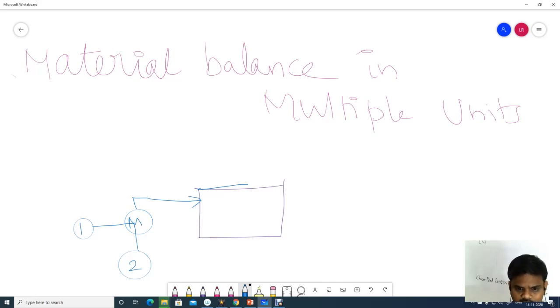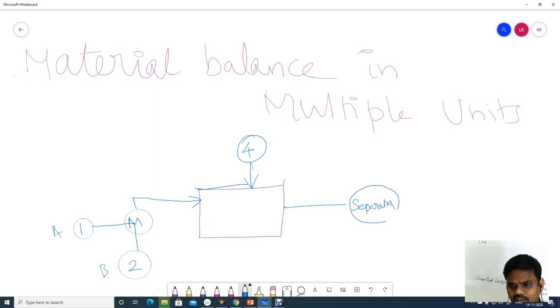So A, let me say, is a reactant A, a reactant B, or it may be simply a liquid or two liquid streams which are mixed and sent to the system, and there is another stream which is also entering the system. And what we get out of it is a separator. I think already we have discussed drying. So this is similar to that. Recycle air is being mixed like that, we have seen, right? So this is also similar to that only.